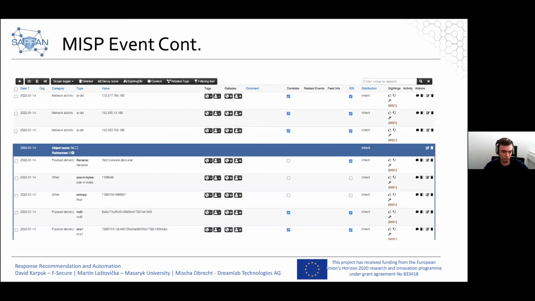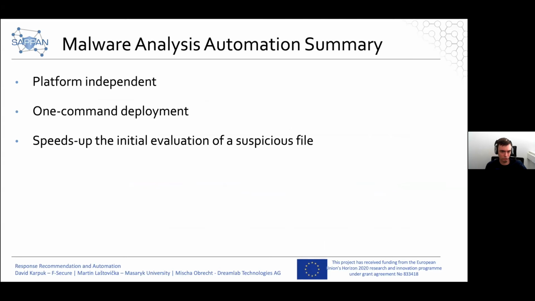On the next slide, we can see the brief conclusion that it's platform independent, and the main usage is that it speeds up the initial evaluation of a suspicious file. So when the human analyst gets a lot of files, he can submit them there and then focus on the interesting or malicious ones. So that concludes my talk, and I will pass the mic to Mischa.